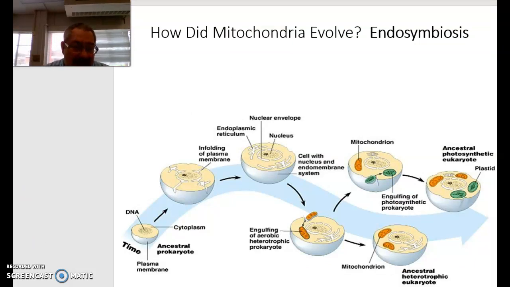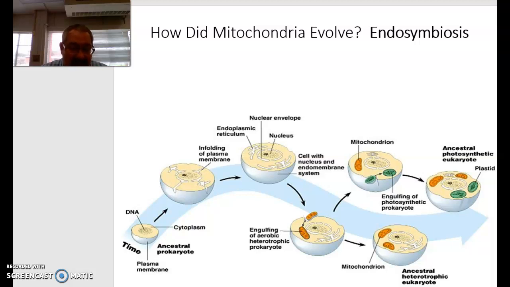The evolution of the mitochondrion is considered to be from a cell-eating event, and that cell-eating event is called endosymbiosis. Endosymbiosis is a theory that an aerobic bacterium was consumed or engulfed by a host cell.